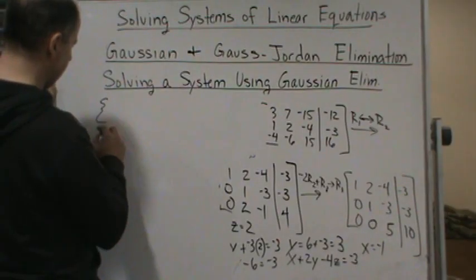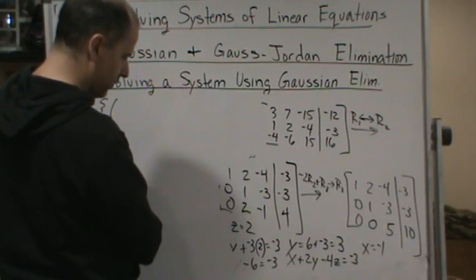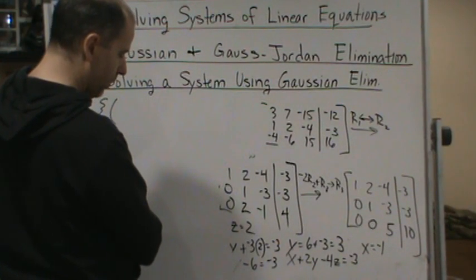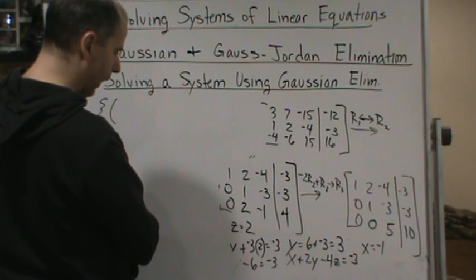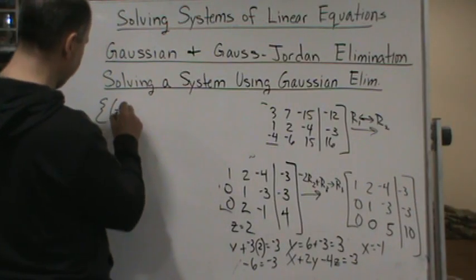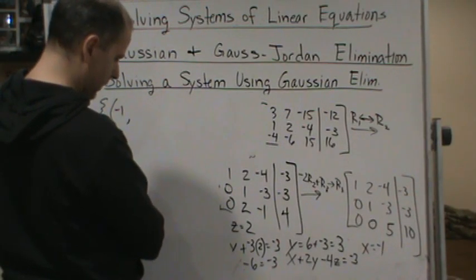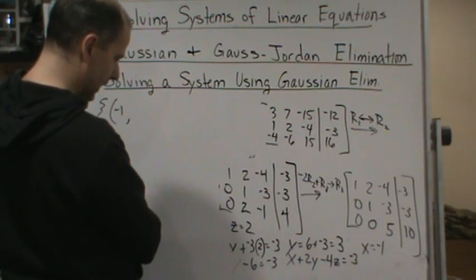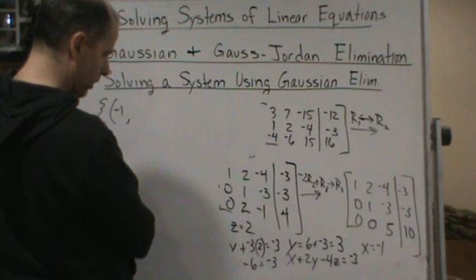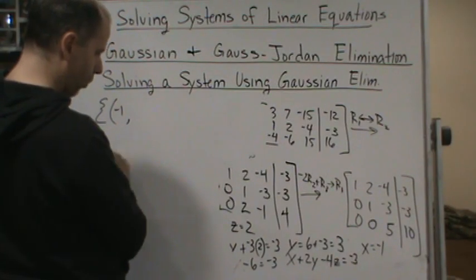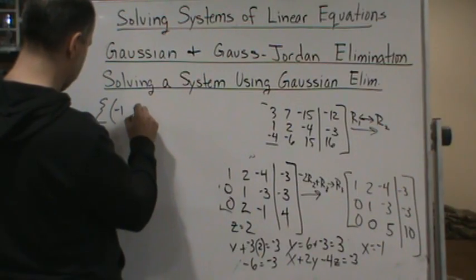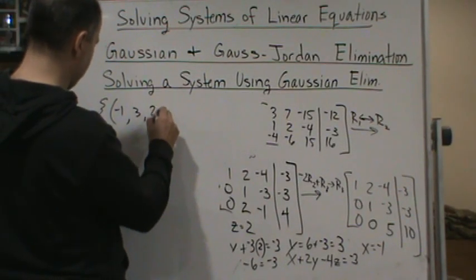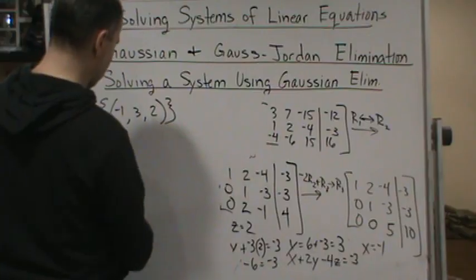It's the set of all triples where X is equal to negative 1, Y is equal to 3, and Z is equal to 2. Right?